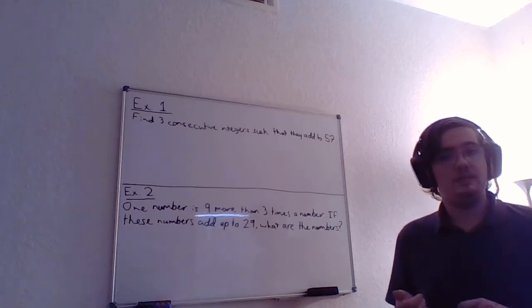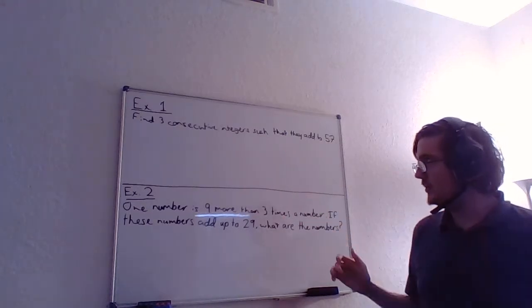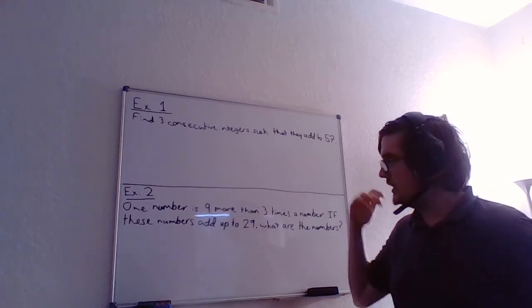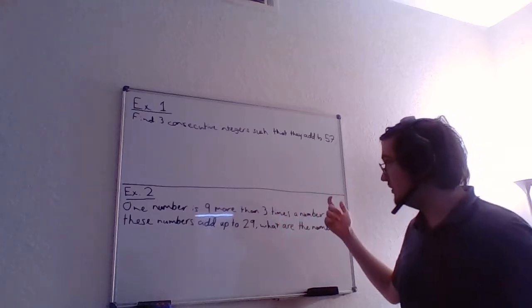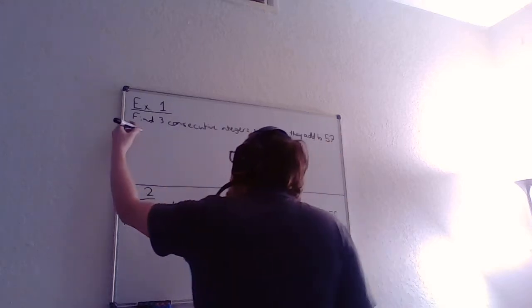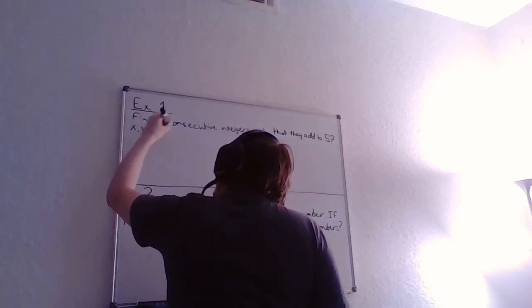Now this is what makes this problem interesting, is that all they gave us was equations. They didn't really give us any values. So let's write down the equations that we have. So let's just say that these three integers are x, y, and z.